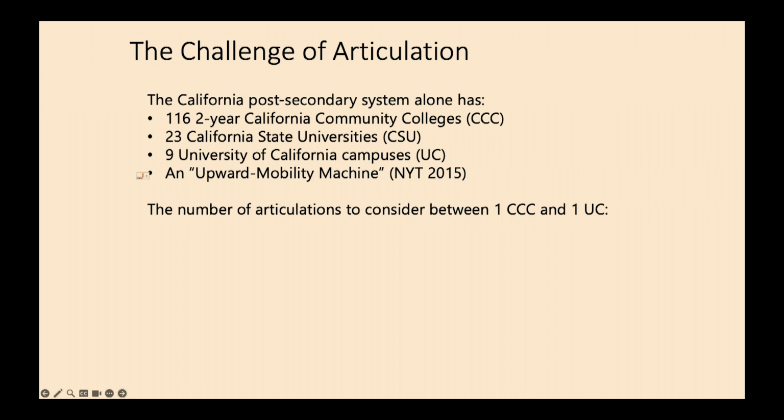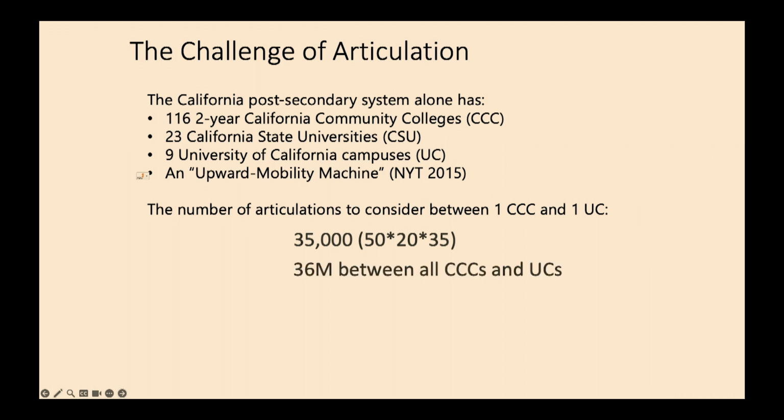To give a sense of how complicated maintaining existing articulations is, imagine our system of 116 community colleges, 23 CSUs, and 9 UCs. Now, counting just the number of possible articulations between one community college and one UC, it is about 35,000 different pairs of courses to consider when you're only looking at department-to-department matches.